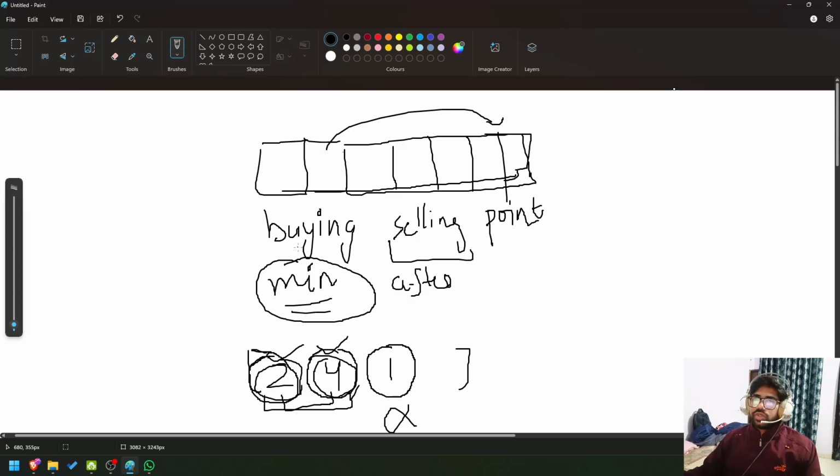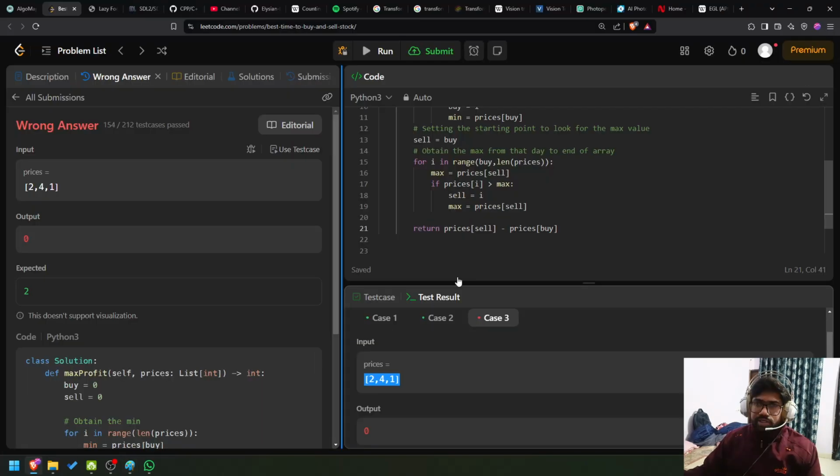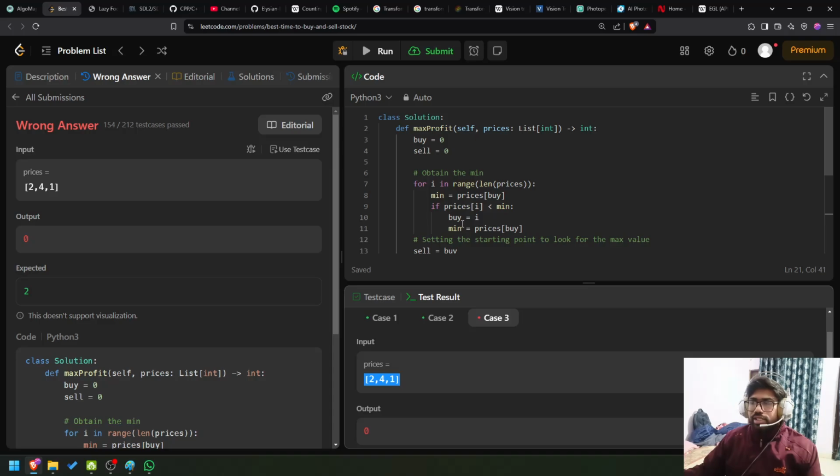But how would I know? Did I find the max and the min in that window? Linear, linear, linear.